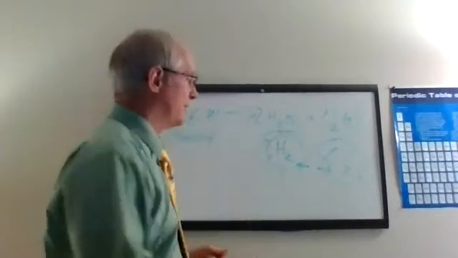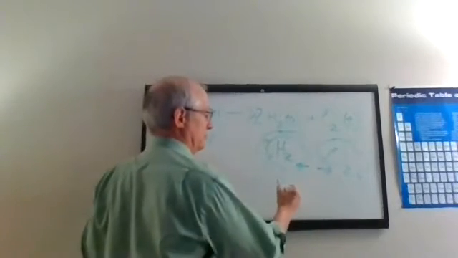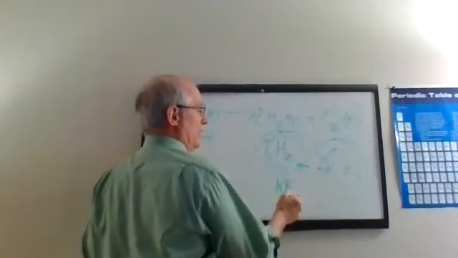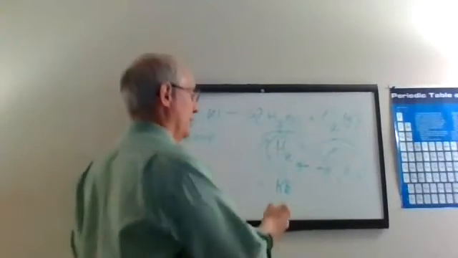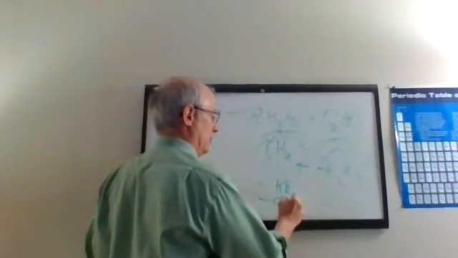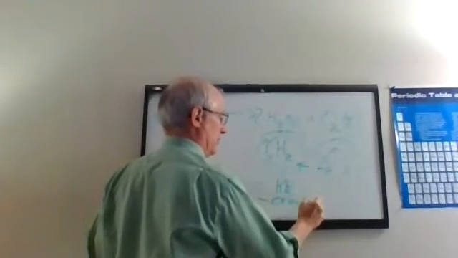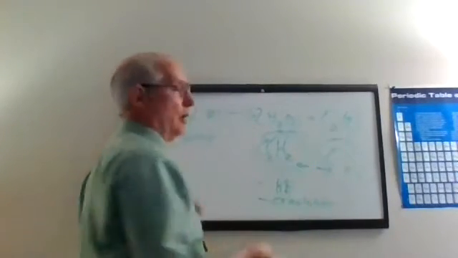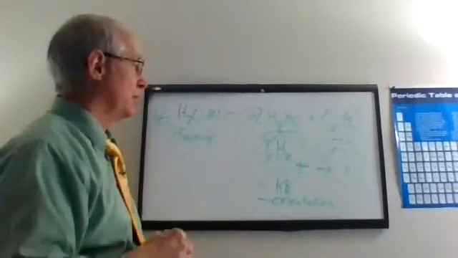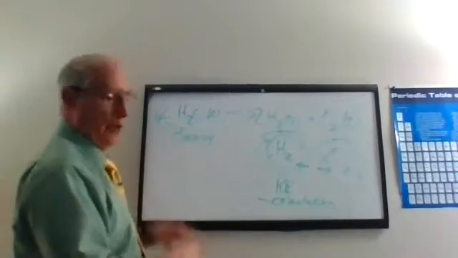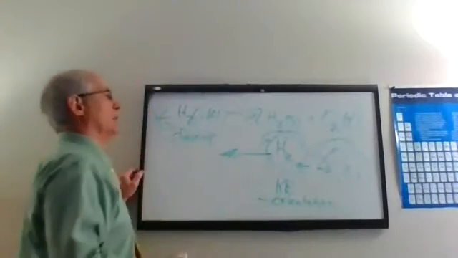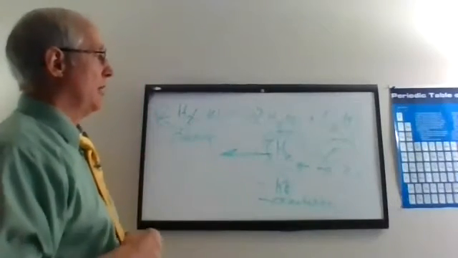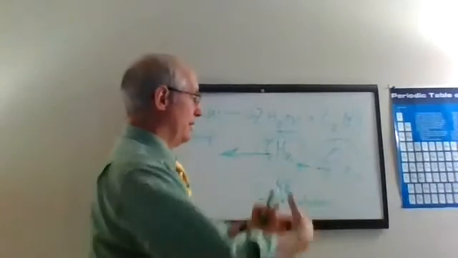But if you have enough kinetic energy, they can smash together. And if you have the right orientation between the molecules, we studied that in the last section, then they might in fact form the compound water if they went back in this direction. And so we're talking about multiple reactants and the way they interact.